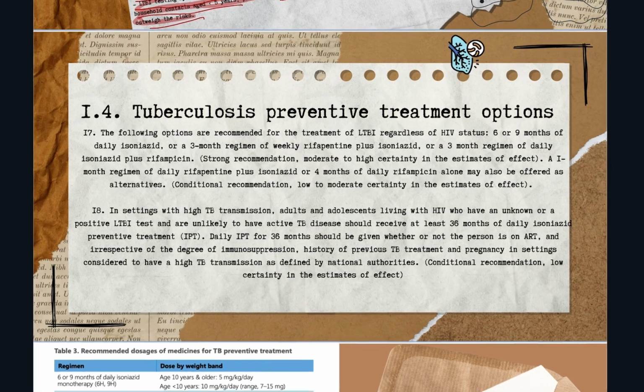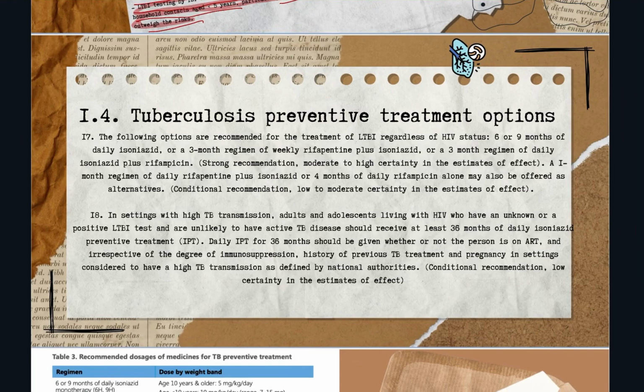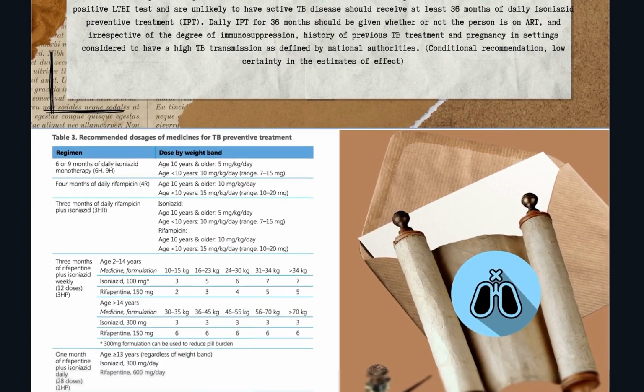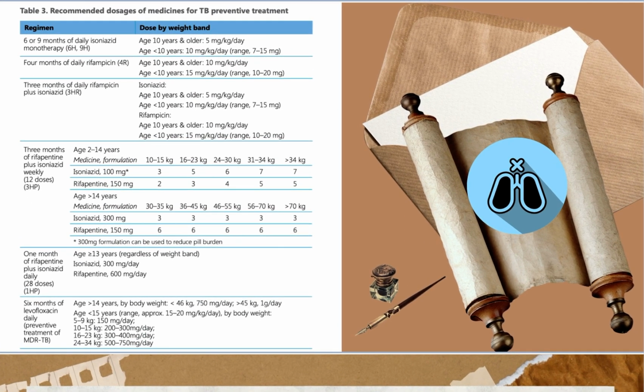So coming to the interesting part, what are the tuberculosis preventive treatment options available? Instead of reading this recommendation, I'll go directly to this table, which is very good, in which they have given dosage as well. So one option is 6 or 9 months of daily isoniazid monotherapy.